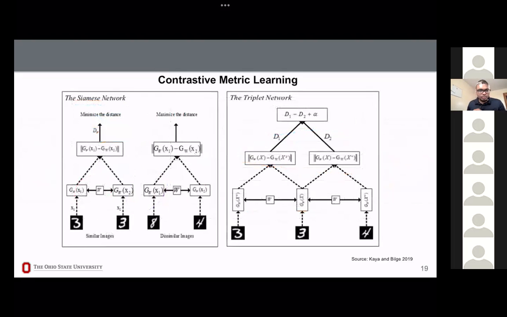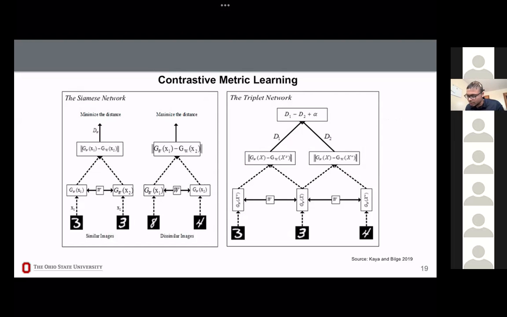All right, so these were the original proposals in a paper by Chopra et al. in 2005. What they were trying to do is face identification and face recognition using this. But just to present the idea more simply, we're using MNIST digits in this example.